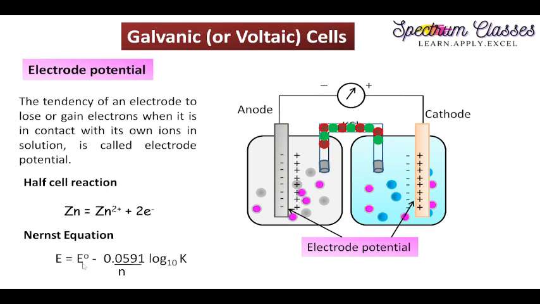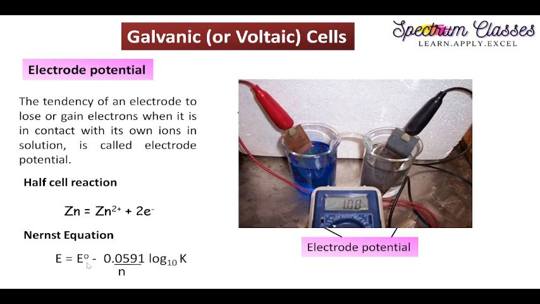So what are E and E naught? E is the electrode potential in the actual conditions and E naught is the standard electrode potential. So what is this standard electrode potential? Now we come to understand the standard electrode potential, which is determined through this ammeter, and here you can see the reading. This is the copper solution and this is the zinc solution.